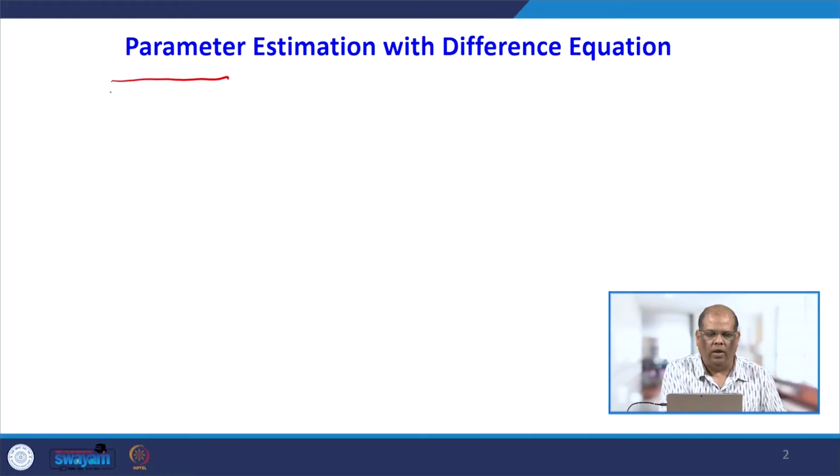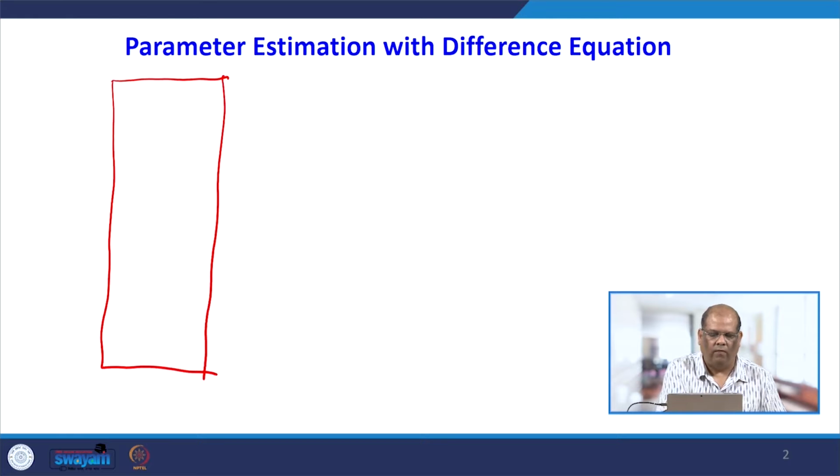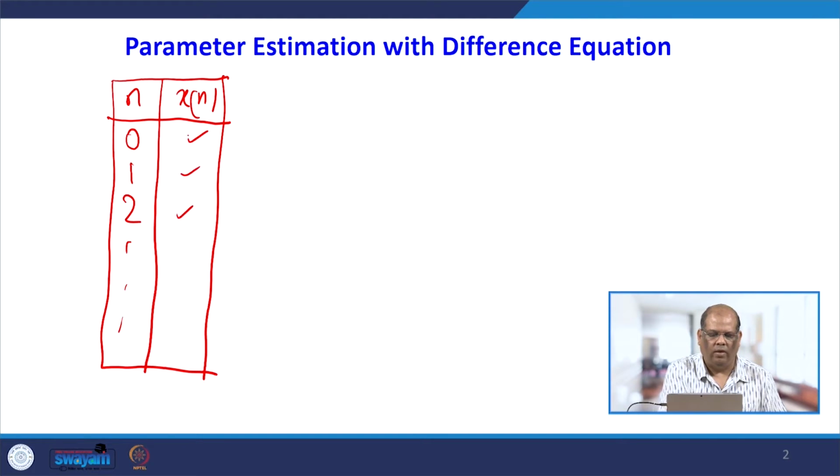So, what you will be given is again a set of data, because it is a discrete case. So, it is n equal to 0, 1, 2 and so on, and some variable x n, and this data will be given, say x 1, x 2, x 3 and so on.